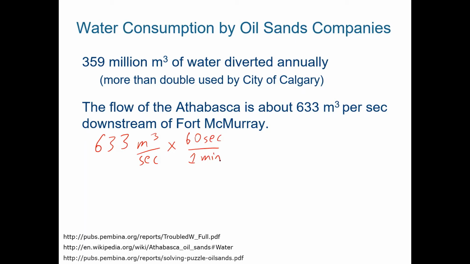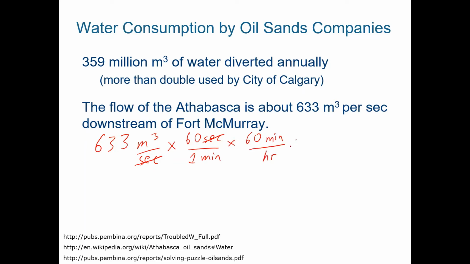I don't know how to change my pen marker on this. Usually I put a different pen marker and I'll cross this out. You can see seconds cancel each other out. So if I multiply this by 60, that tells me how many I have per minute. And then we can convert minutes, of course, to hours. There are 60 minutes per hour.